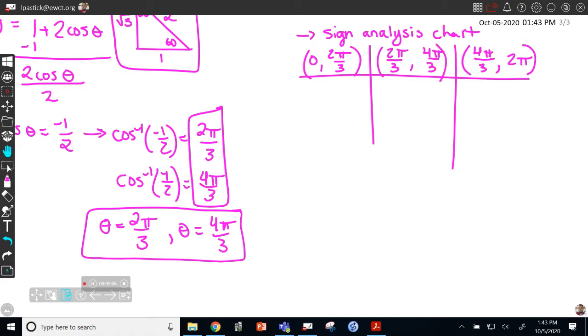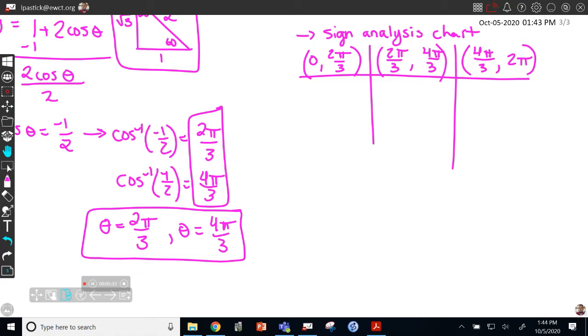So I've gone ahead and created my sign analysis chart, and what I've done is I've split the interval in question, which is from 0 to 2 pi, into 3 separate intervals. There's always going to be one more interval than there are solutions to the derivative equal to 0. So when we set the derivative equal to 0, we got 2 solutions, 2 pi over 3 and 4 pi over 3. I'm going to use those as miniature endpoints to break up the interval.